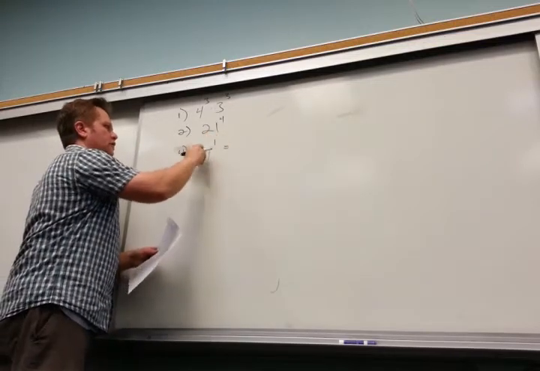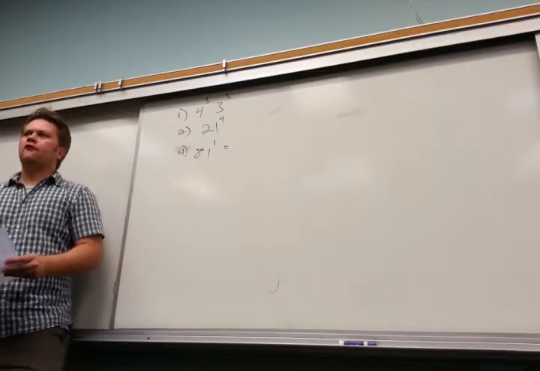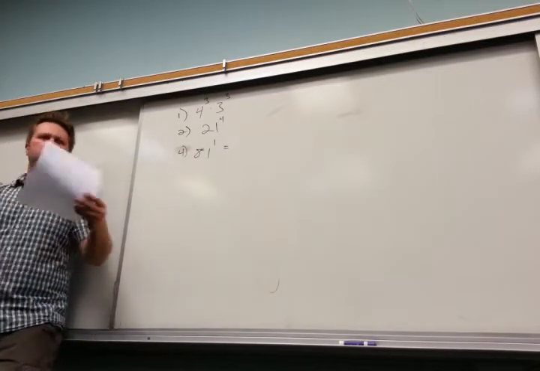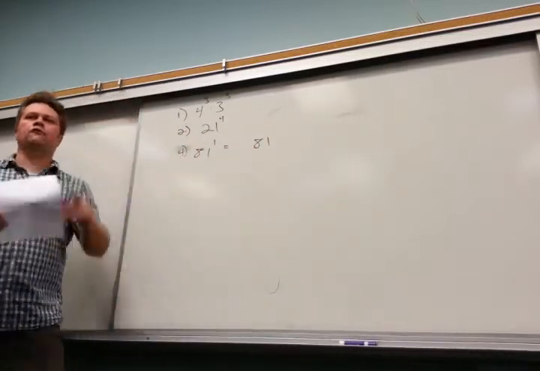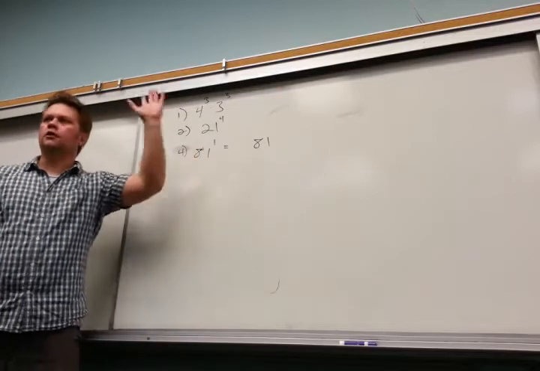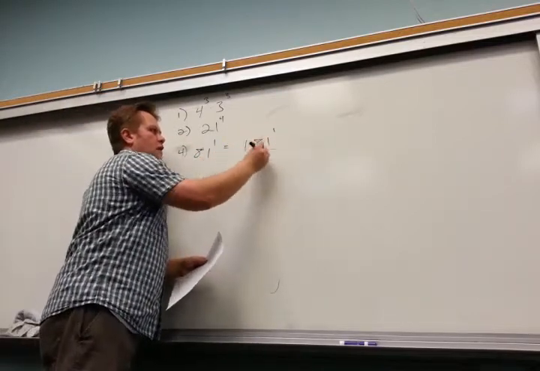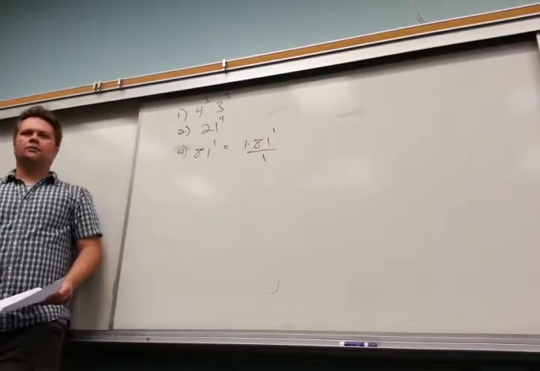81 to the first. Now this, when people see this first, they're a little freaked out about it, but that first power is almost always there. It's kind of like an understood thing. In fact, I could write the number 81, because that's all this means. I have one 81. I could write this as 1 times 81 to the first power. I could have all these understood ones. I don't want to write every number like that.